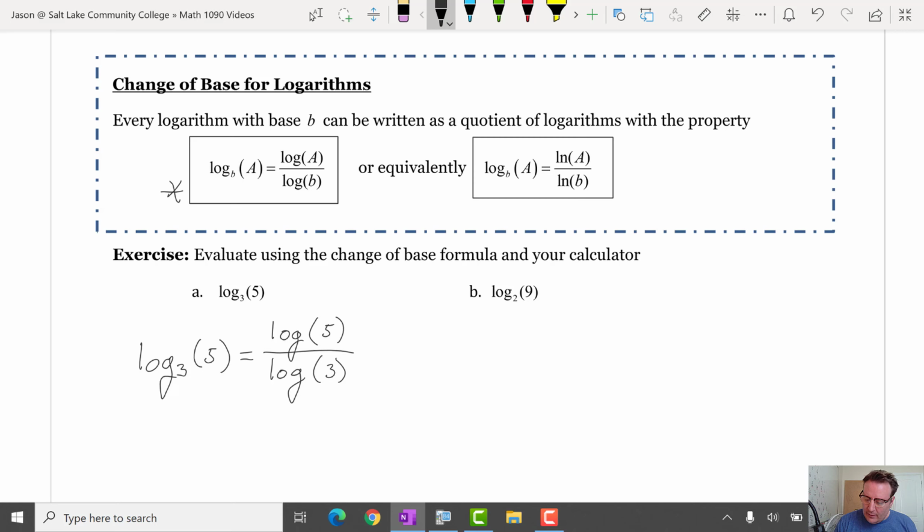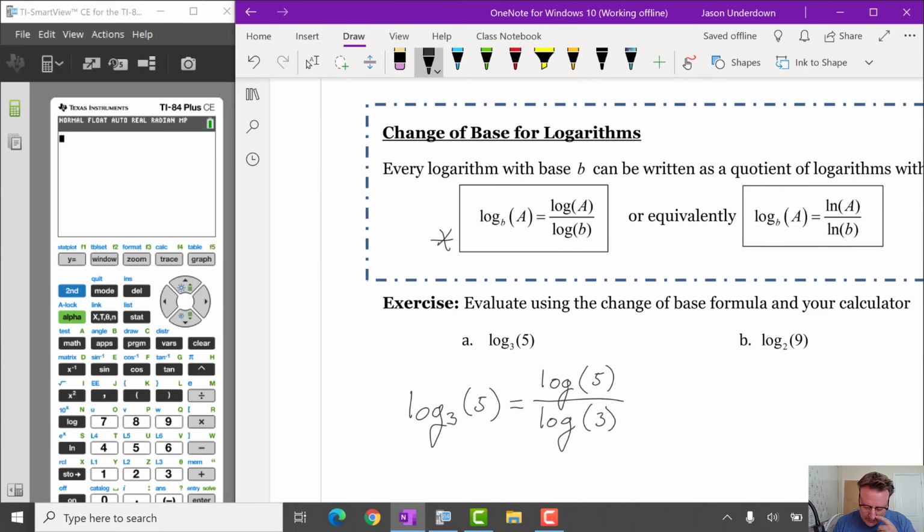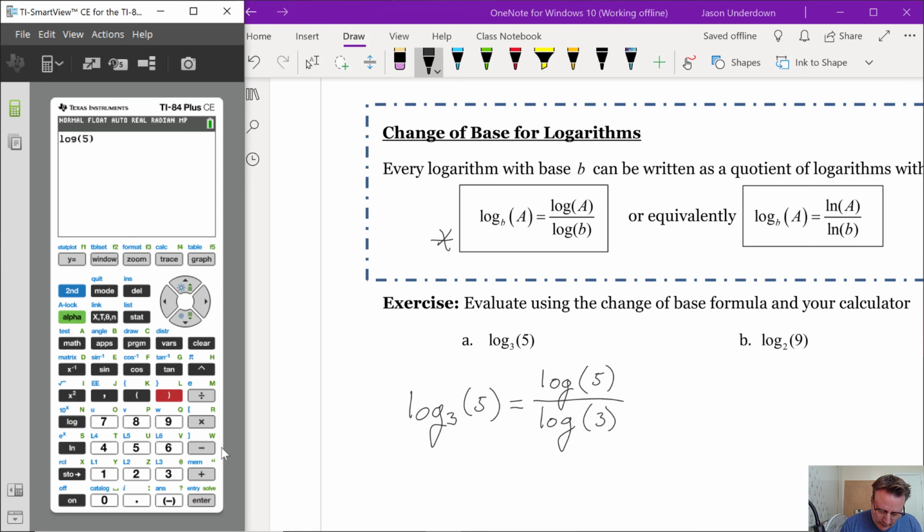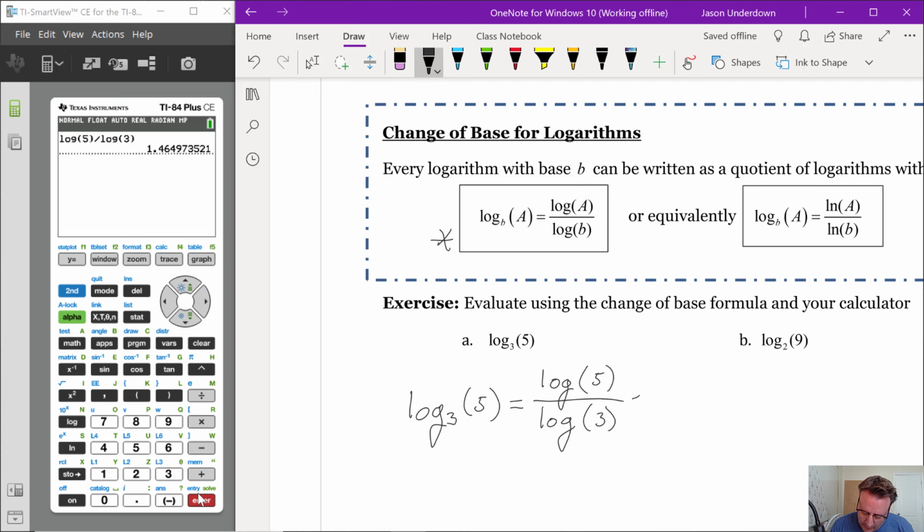Now we'll go to the calculator and compute this. I'm going to do log of 5, close parentheses, divided by log of 3. Enter. And we get, so this is about equal to 1.465.